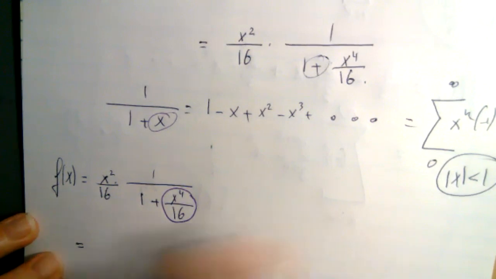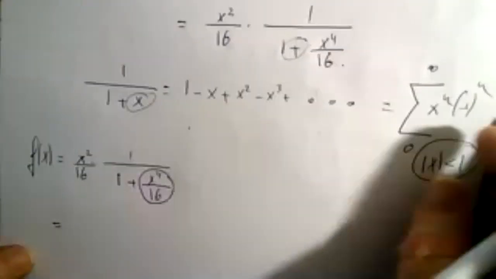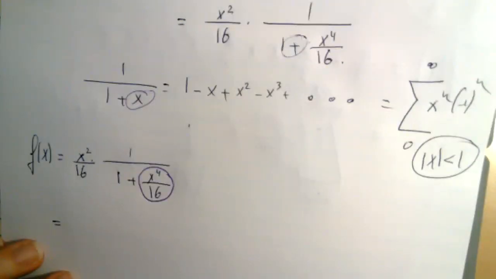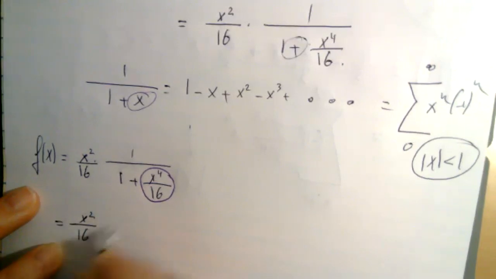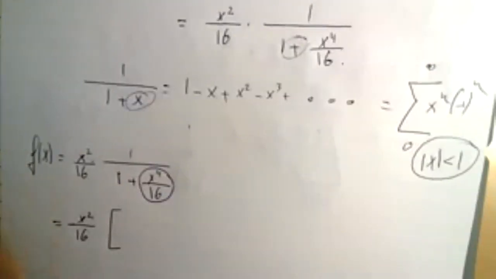So this is going to give me, as I said, I will write the first few terms of the power series, and I will write it in sigma notation. So we basically become fairly flexible with the notation.